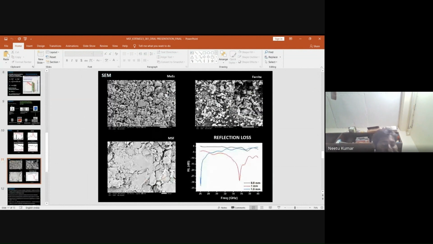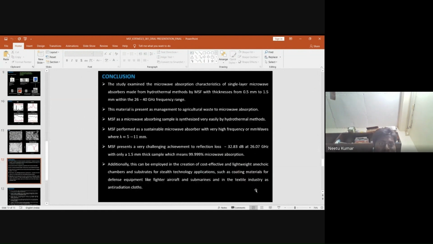This is the reflection loss graph that represents a very high reflection loss of about 32.32 decibels at 26 gigahertz, achieved by a 1.5 mm thickness sample. This is very challenging in this field.